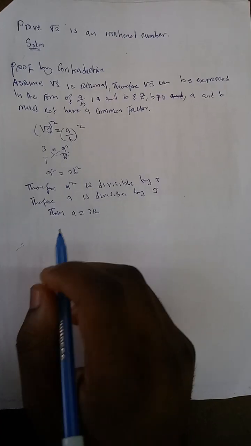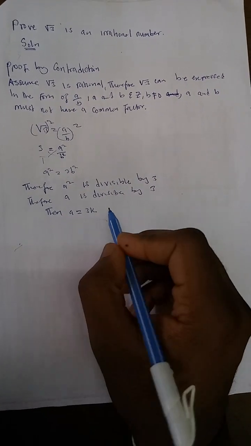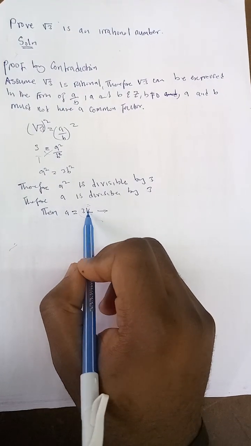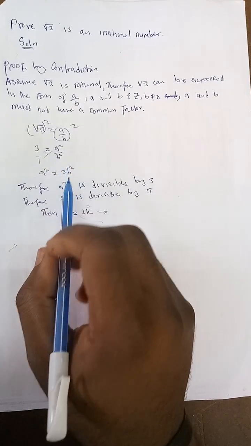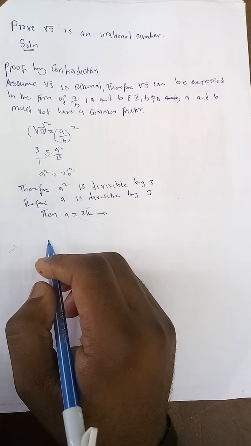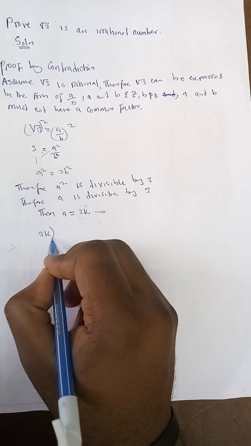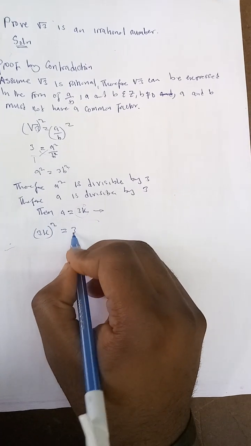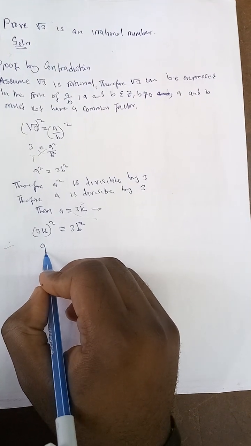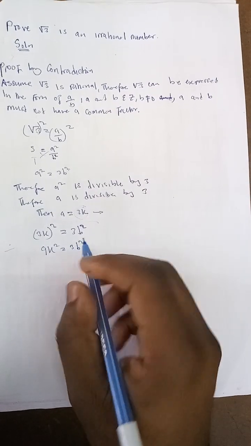Let's continue. After writing this, you can take this part and equate it to this part. But remember, you need to square it as well, since it's squared. So we're going to say (3k) squared is equal to 3b squared. Then you have 9k squared equal to 3b squared.